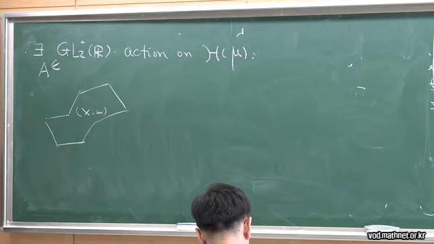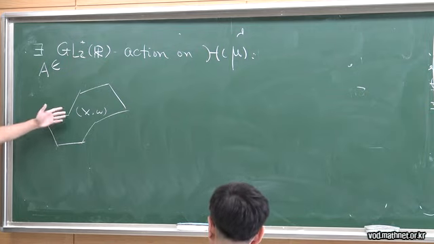which is non-singular, I can view this A as a linear transformation on R2. I mean, I have these vectors as my edges of this polygon.